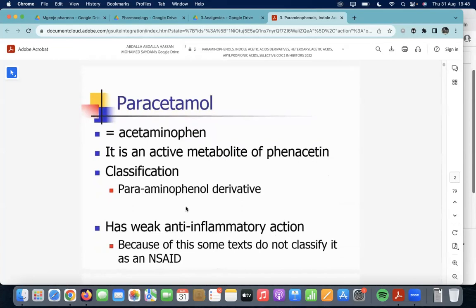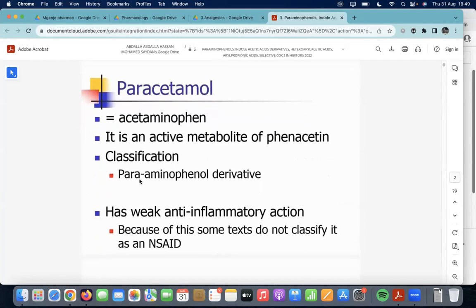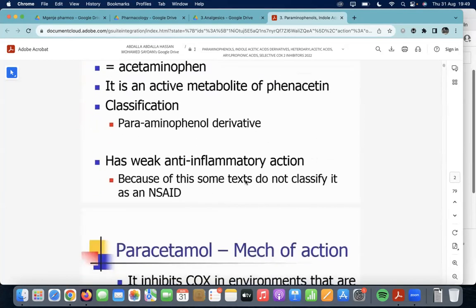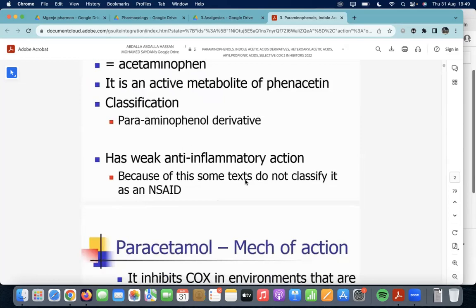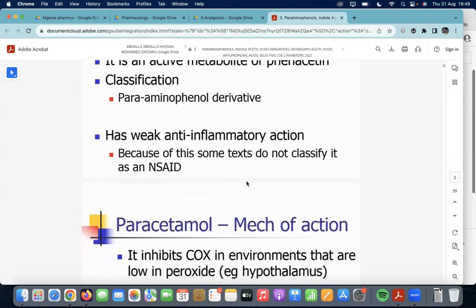It's a special sort of NSAID, but not a real one. It's acetaminophen, an active metabolite of phenacetin, under the classification of para-aminophenol derivatives. For the sake of the exam, you can read more about paracetamol in case they ask another question regarding it.